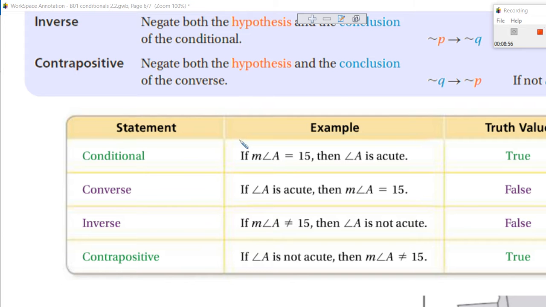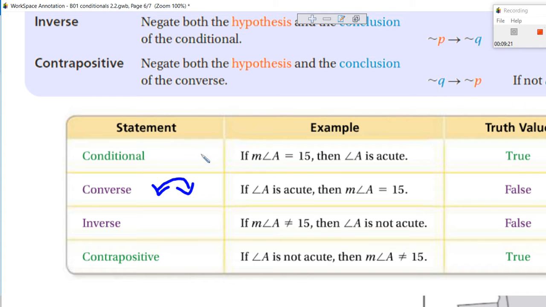So we have our basic conditional: if the measure of angle A is 15 degrees, then A is acute. This is true. 15 degrees is less than 90, so it's acute. The converse, again, is where we flip them, so if you want to draw some arrows in, converse means flip.